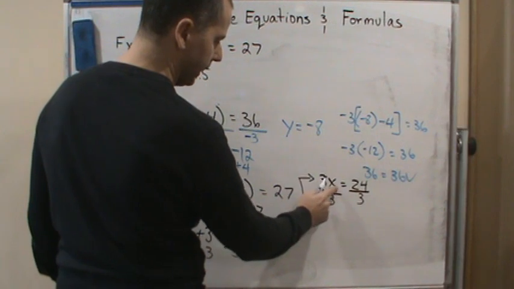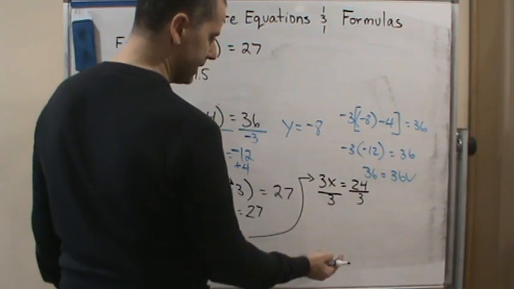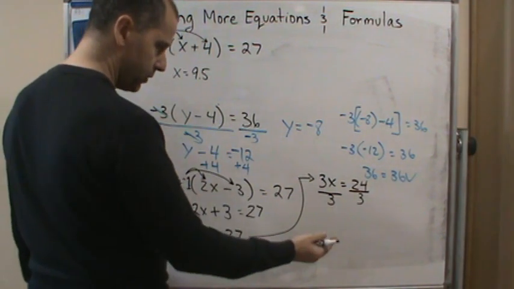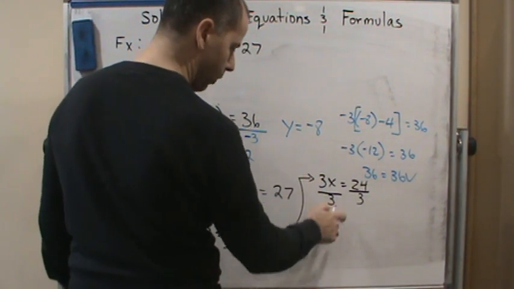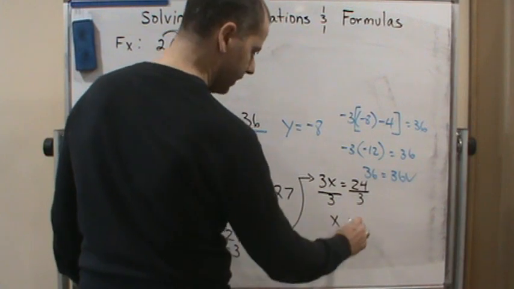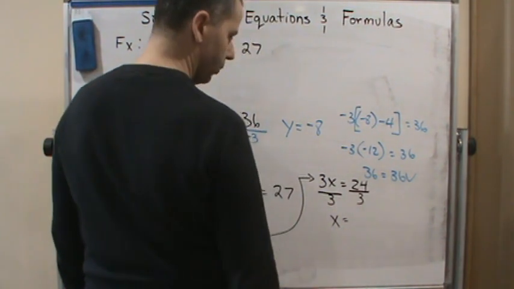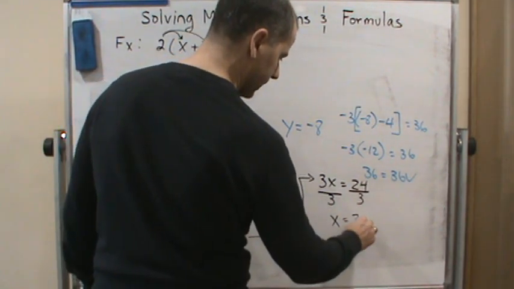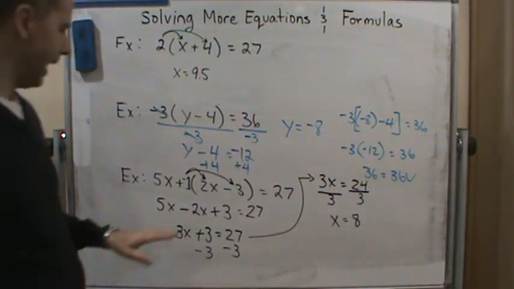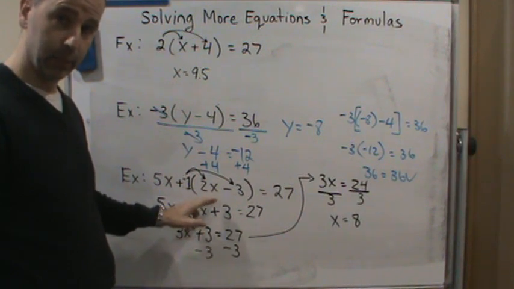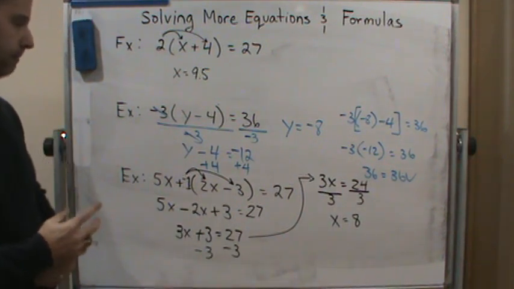Because I'm multiplying by 3 up here, and I want to isolate the x. So the inverse operation is division. So 3 divided by 3 gives me 1, so that's going to give me x, okay? Equals what? 24 divided by 3, which is 8, and so x equals 8, and of course, go back, plug it in, and double check to make sure you didn't make a mistake.